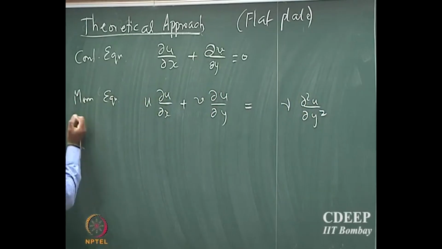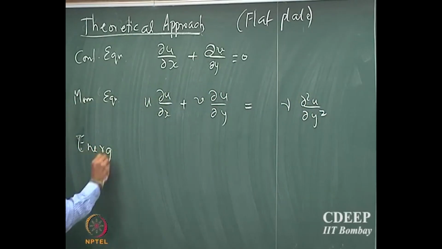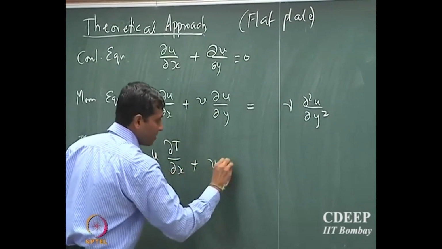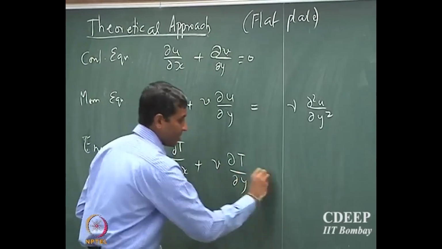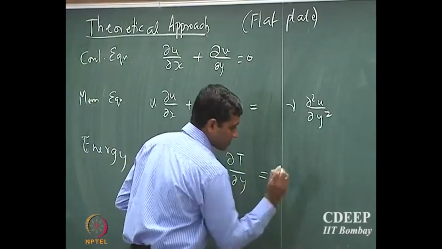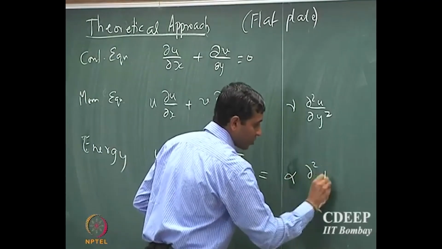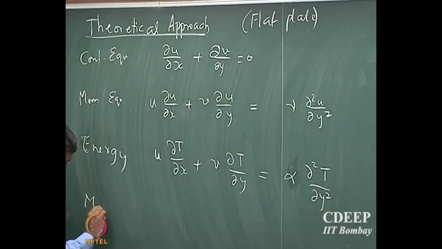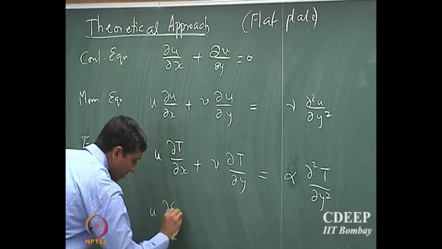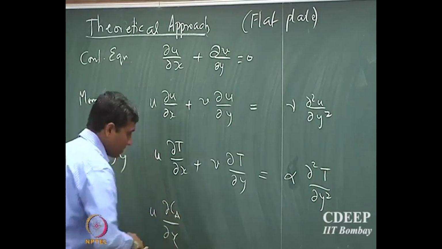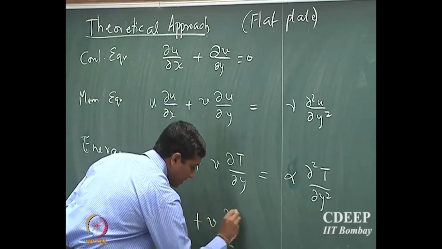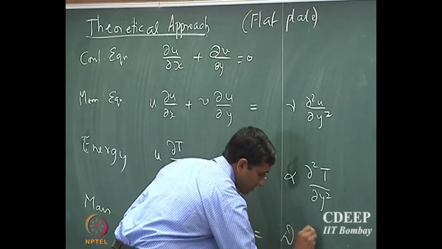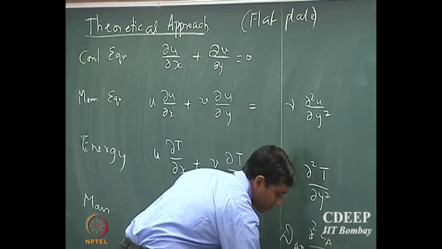And then you have the energy balance, that will be u dT by dx plus v dT by dy equal to alpha into d square T by dy square, and the mass balance would be u dCA by dx plus v dCA by dy equal to D_AB d square CA by dy square.